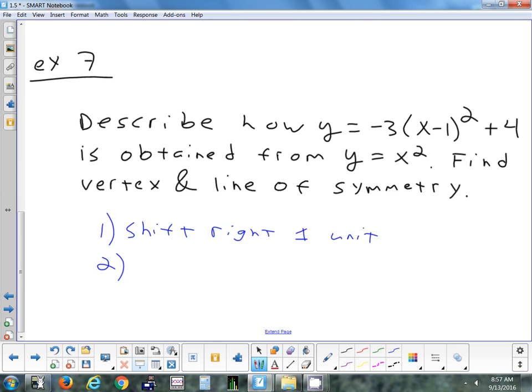So reflect over x-axis. Or you could say a vertical reflection over the x-axis, same thing. And the last thing is a +4 at the end. That shifts up 4. It's not necessary to say a vertical shift up 4. You can if you want, but if you say up, I know that's vertical. So you have to say up and 4 units at a minimum.